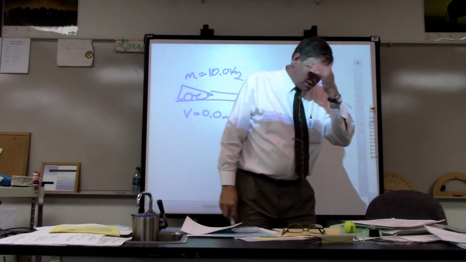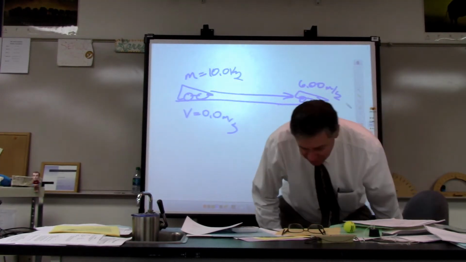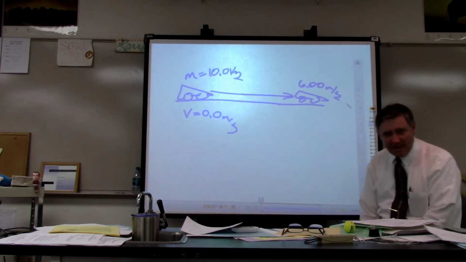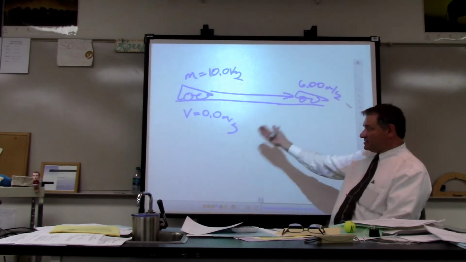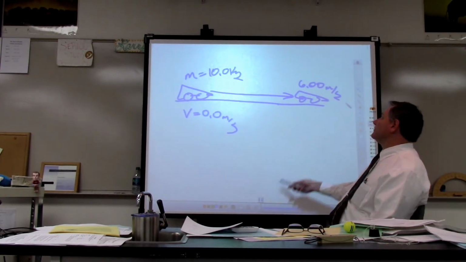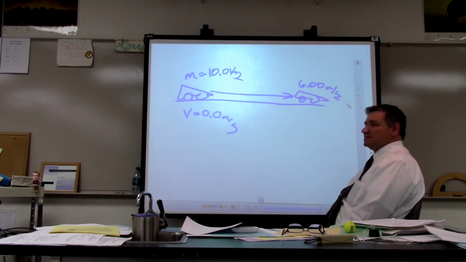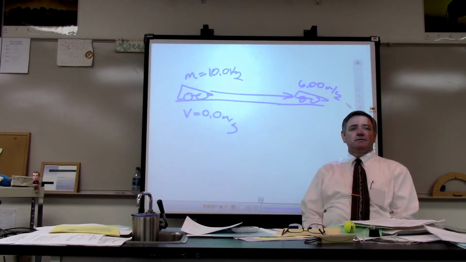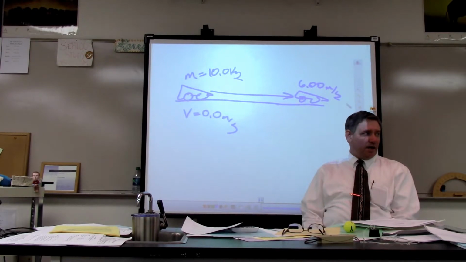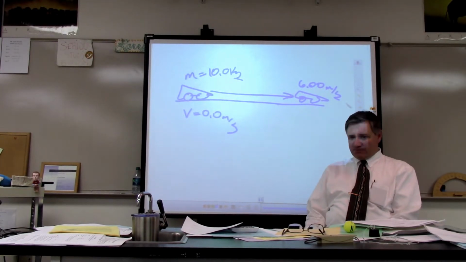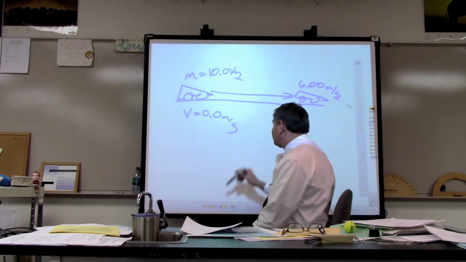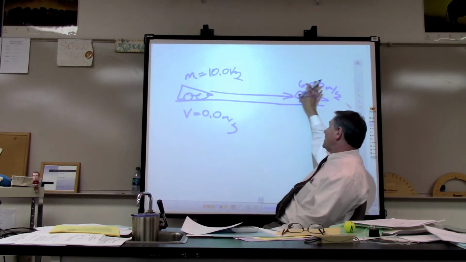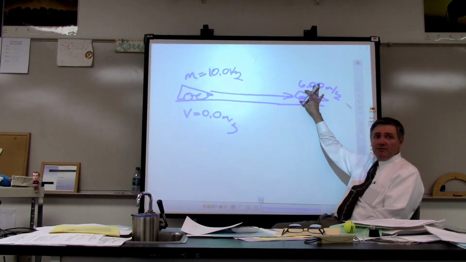Let's say that you've got a little toy car with a mass of 10 kilograms. It starts off at 0 meters per second. At some point later, it's traveling 6 meters per second. Did the kinetic energy change? Yes, because it was at 0 and now it's moving. So can I find the kinetic energy at this point?